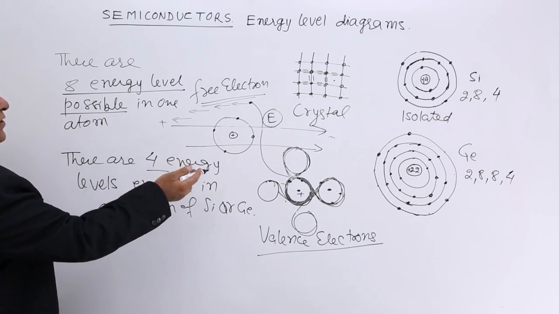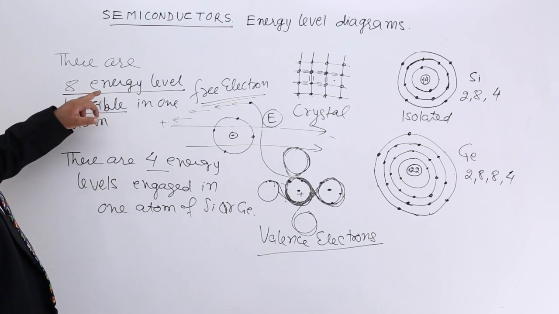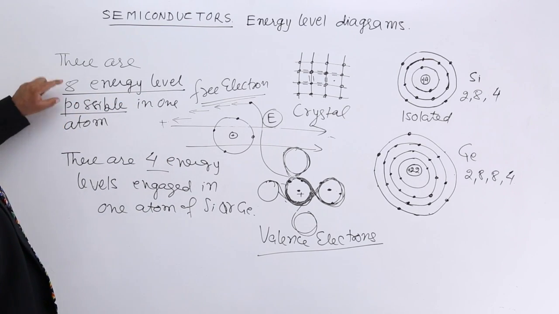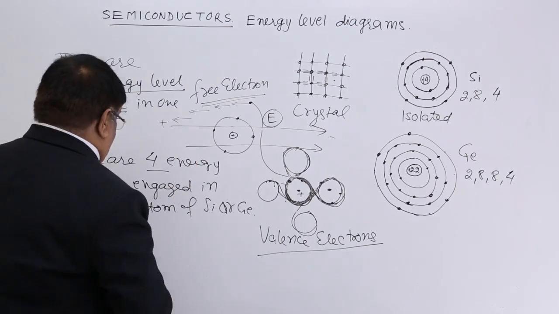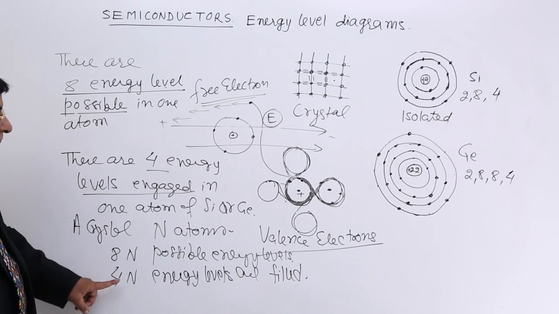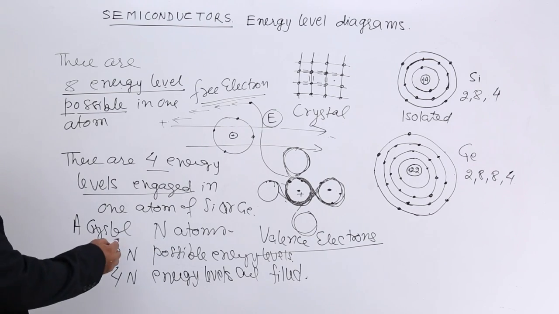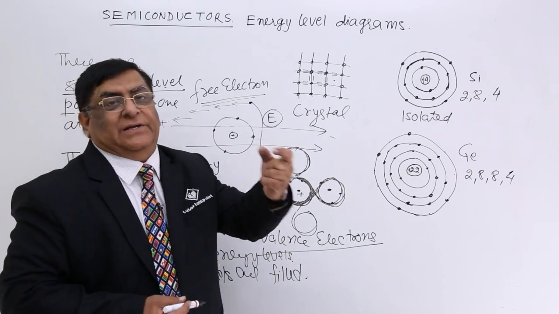Why 4? Because they have 4 electrons in the outermost orbit. But how many levels? 8 possible levels, 4 engaged. Now if we have a crystal, there are a total of 8n possible levels and 4n energy levels engaged. This is what happens in a crystal of semiconductor.